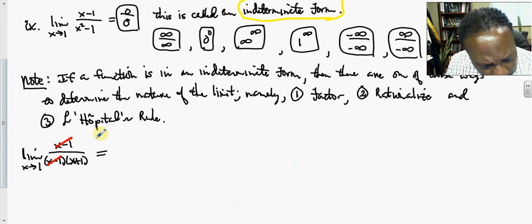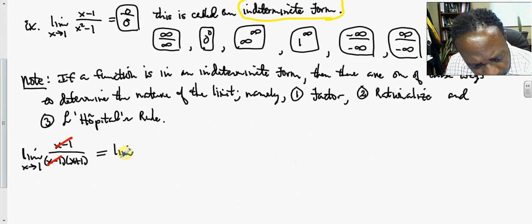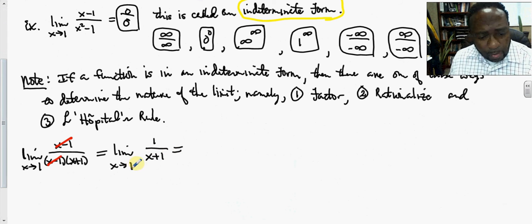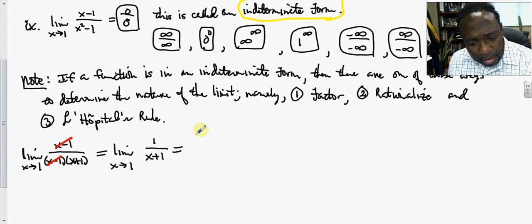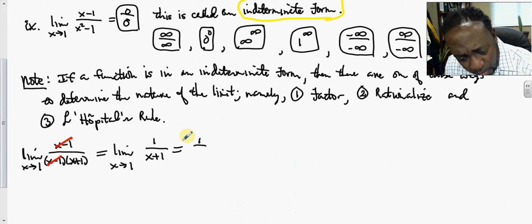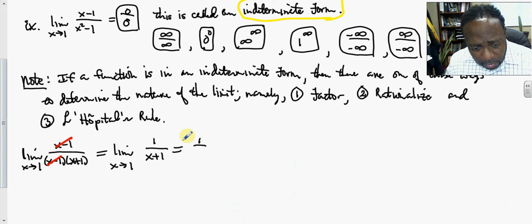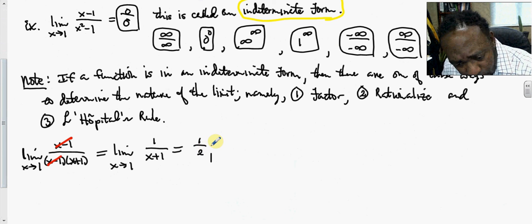And so that leaves us then the limit as x approaches 1 of 1 divided by x plus 1. Now see if you can plug in x equal to 1. And we can do that, and we do not get a discontinuity or something that's undefined. So we get just simply 1 over 2.